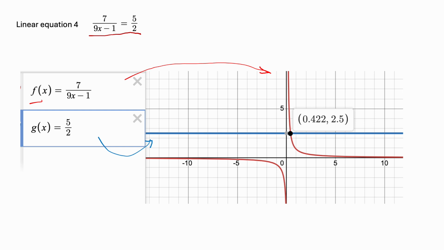For this one, we can always use cross multiplication to manipulate the equation into a more familiar form. So 5 times (9x minus 1) equals 2 times 7. And then we can solve that from here.